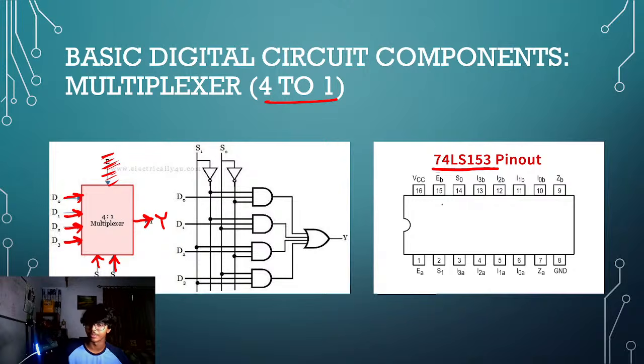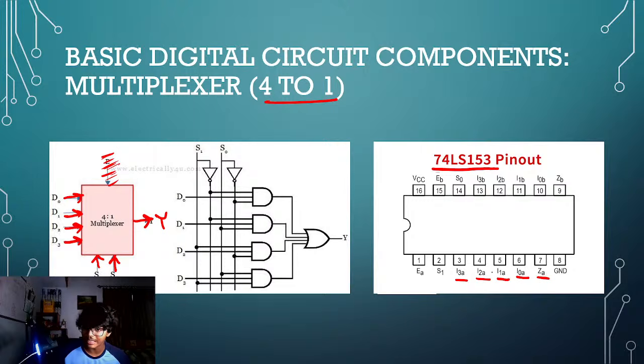The other one you can also use simultaneously with the same chip. It's named A and B here. For multiplexer A, your 4 inputs are these: I0A, I1A, I2A, and I3A. And your output is just ZA, which is over here.